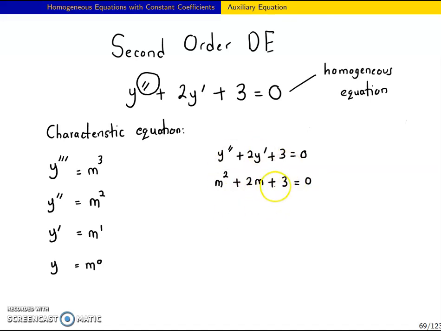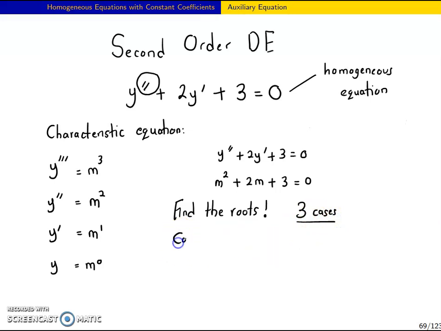So you need to solve this equation, and to solve it you need to find the roots. There are three cases that we have looked at in the previous video.